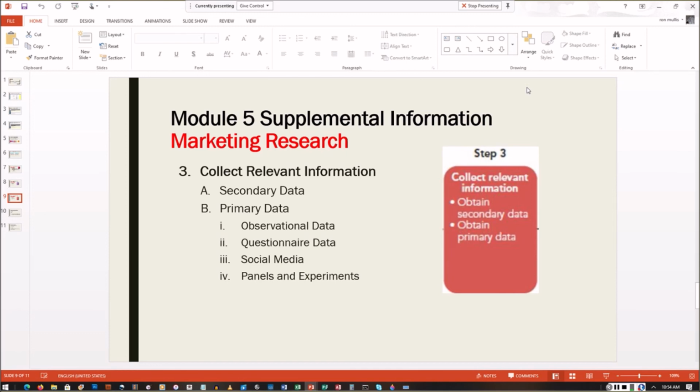These experiments and panels are very formal, and they have controlled methods of collecting data. So when they conduct an experiment, marketers usually manipulate certain factors or variables to determine if a change occurs when that manipulation is made.